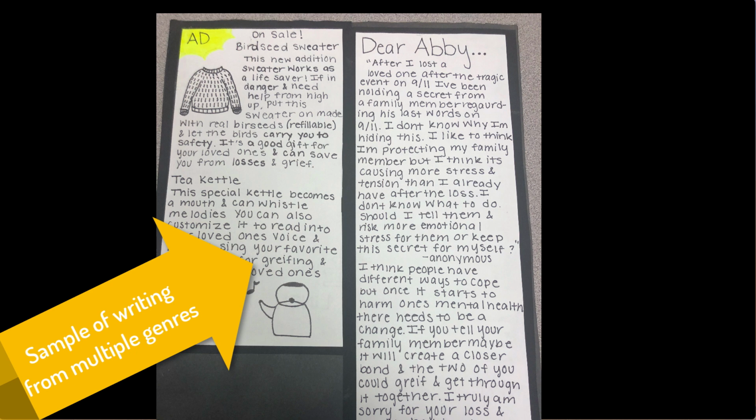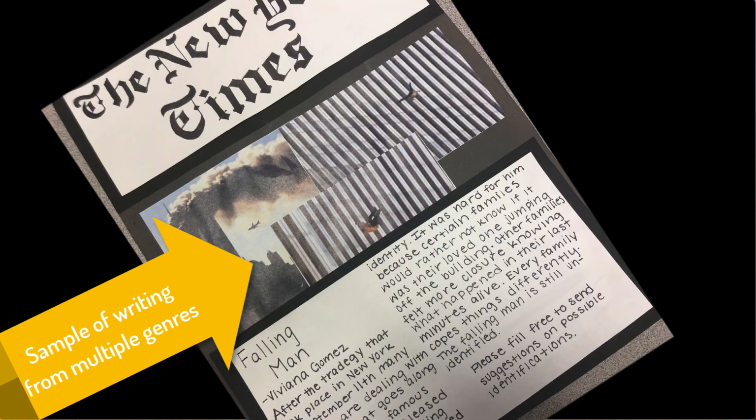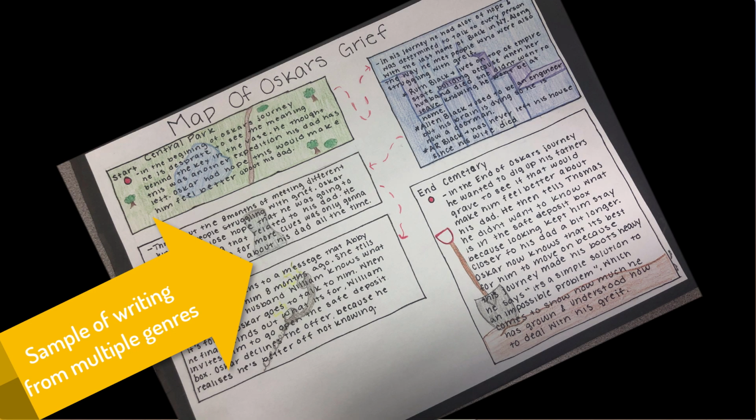One of the narrators, who is a young boy dealing with the death of his father in the September 11th attacks, includes voice messages from his father that were left prior to one of the towers collapsing. He includes different pictures that he's collected throughout this journey of healing that he experiences. Because the novel was written that way, I wanted the students to experiment a little bit with communicating a message through multiple genres, just like the author did.